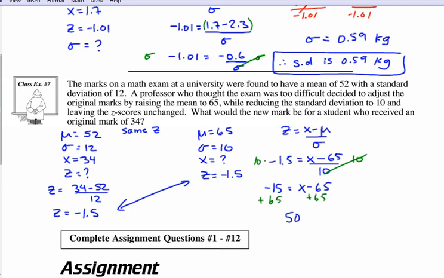So the new mark would be 50. He's still at the same spot relative to his whole class because he's still negative 1.5 standard deviations below the mean, but now his mark is 50. So therefore, the new mark is 50. And that's it for this lesson.